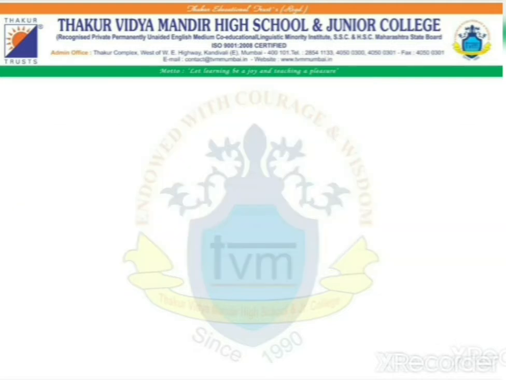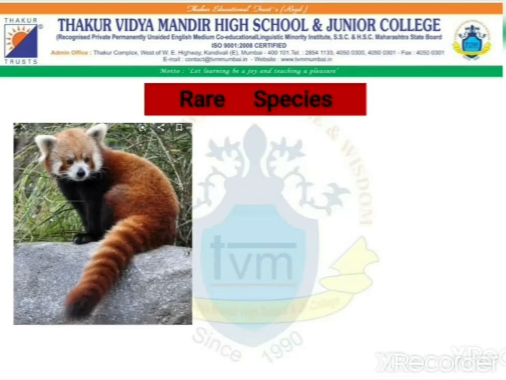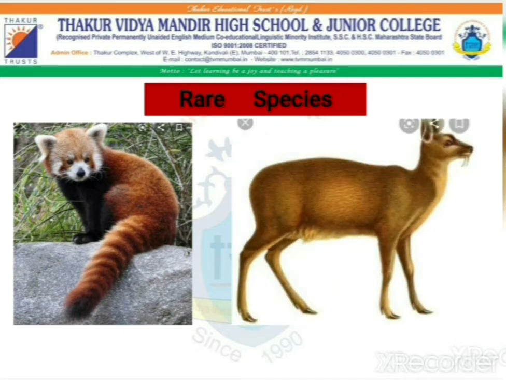The next is called rare species. We have examples like the red panda and musk deer. Regarding rare species, the number of these organisms has considerably declined. Organisms of these species, being endemic, may become extinct very fast.